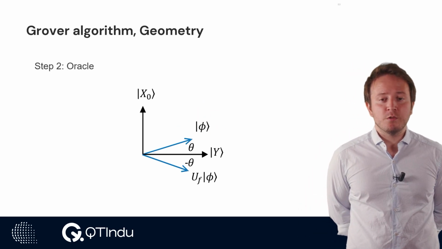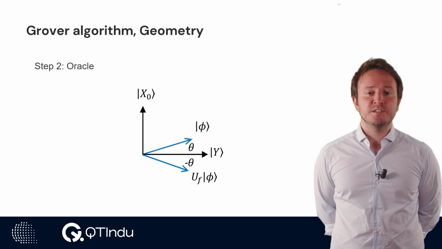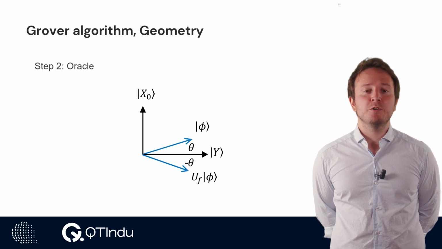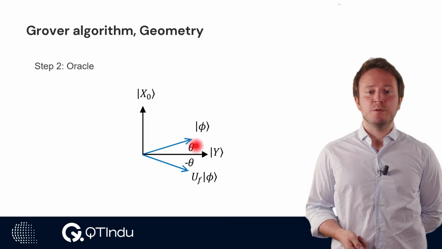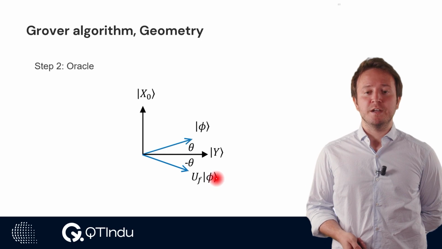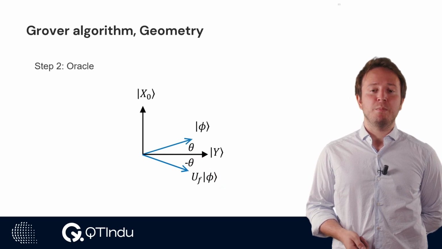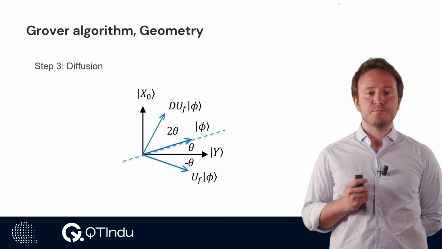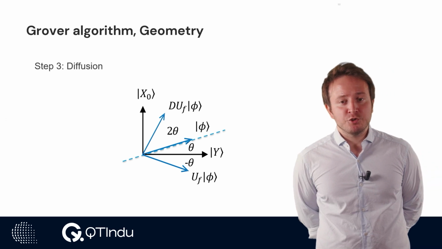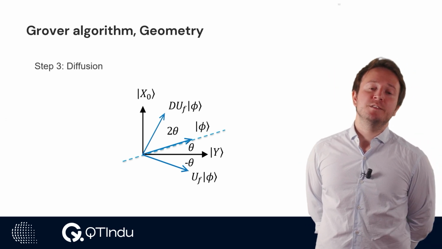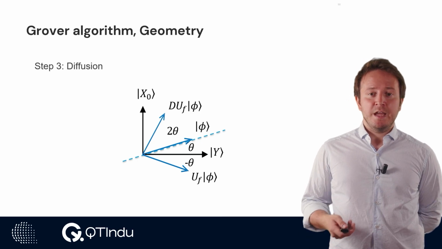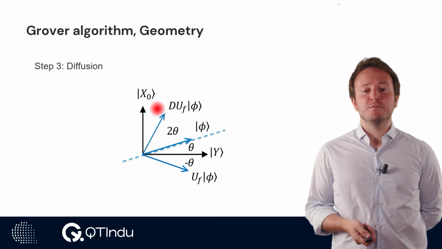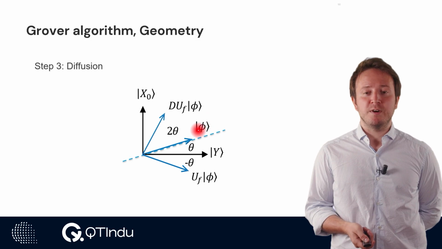Once we apply the oracle, we essentially invert the state about the axis x0. So from being rotated by theta, it gets to the state U_f of phi, which has an angle minus theta. Then we apply the diffusion operator, which is essentially the inversion about the mean, or in other words, the inversion about the state vector phi.